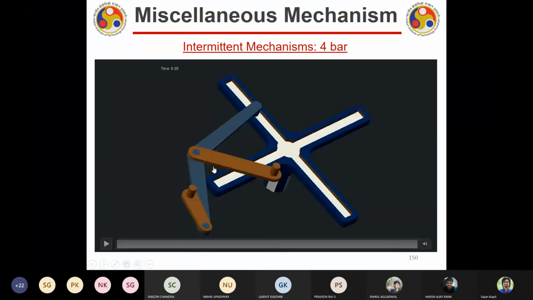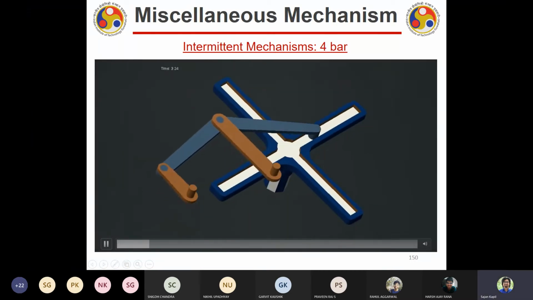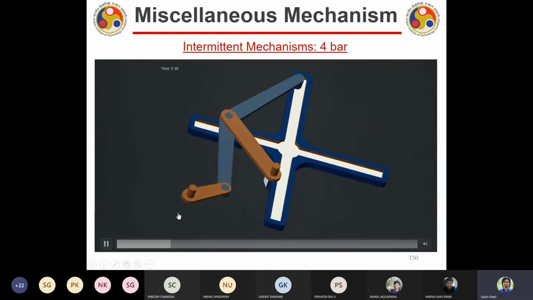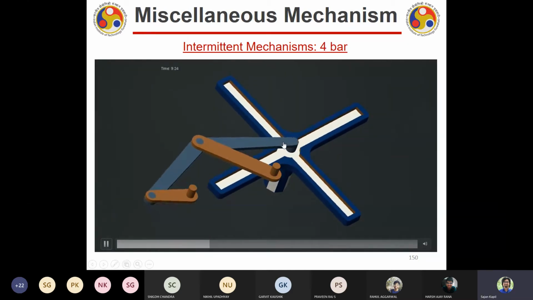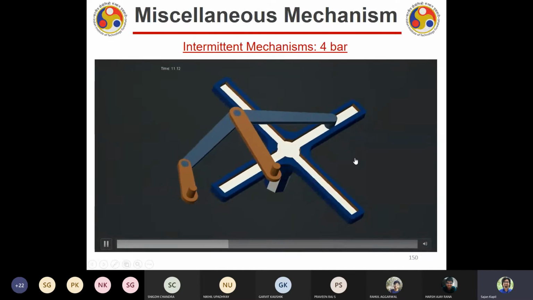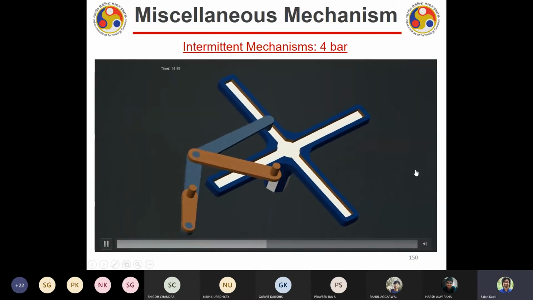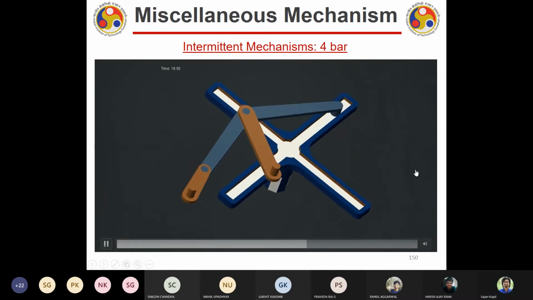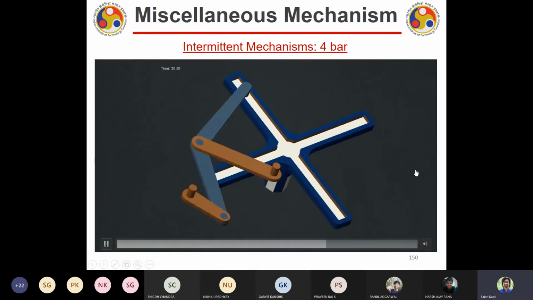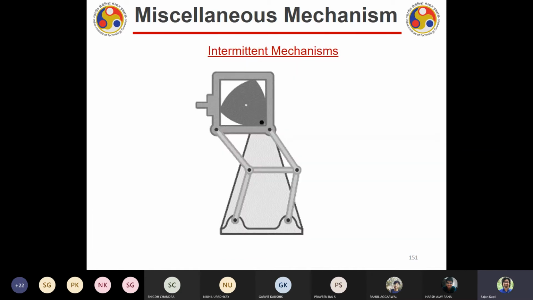Next is the 4-bar mechanism, which will behave like an intermittent motion mechanism. You see that there is a crank continuously rotating. Along with the coupler, I have added something which is moving this thing. You see how innovatively they have designed this intermittent motion mechanism. The output is again like this, a combination of dwells and continuous motions.